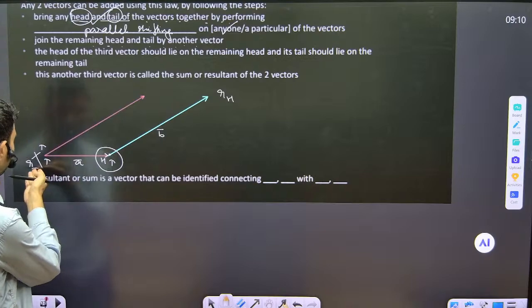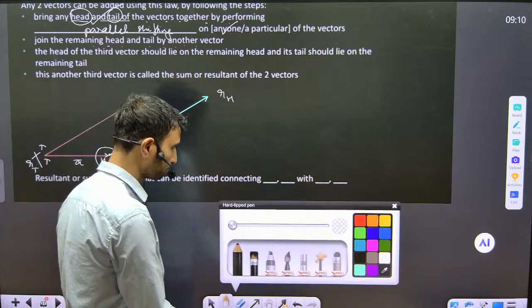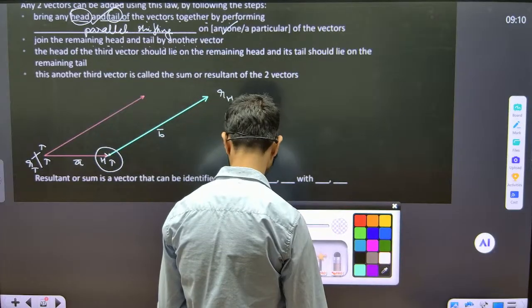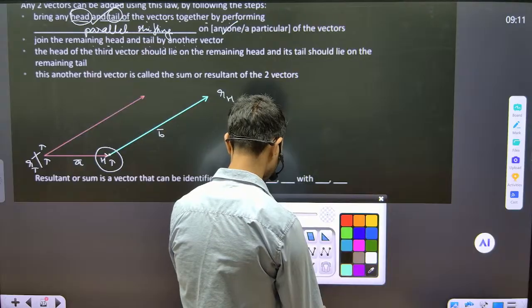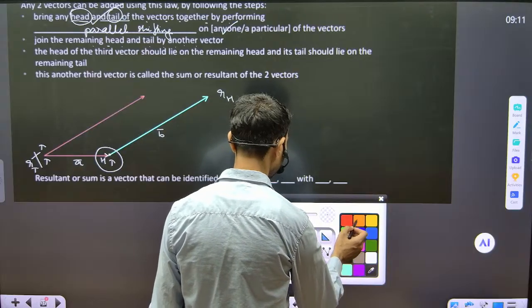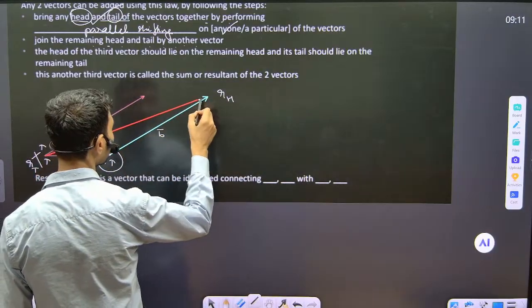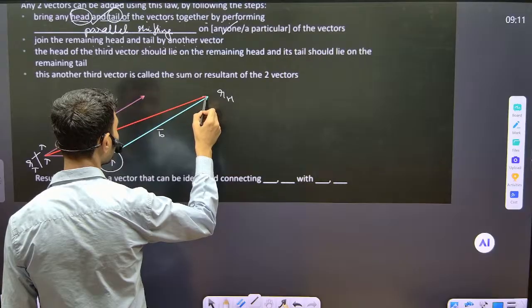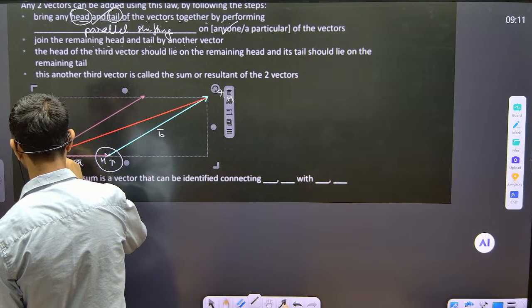So who is this? It is the remaining tail and that is the remaining head. So join them together. So let's do that. Let's join them together. Like this, right?